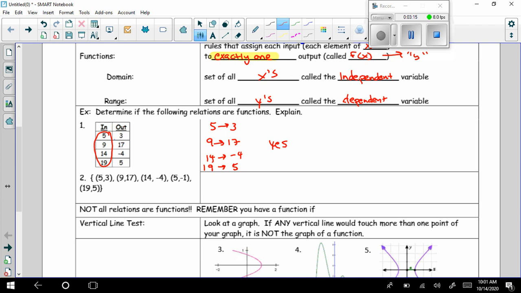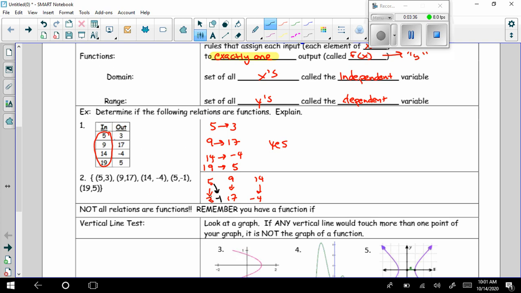If you look at a mapping for the second one, for example, you can see 5 maps to 3, 9 maps to 17, 14 maps to -4. Well, 5 also then maps to -1.